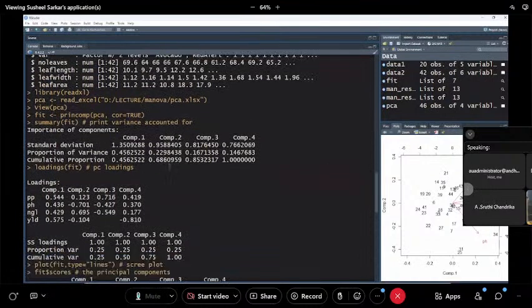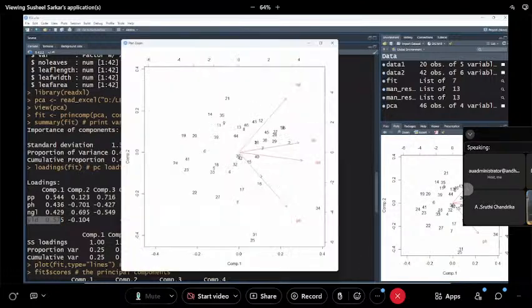If we see here in component 1, see the values of PP and YLD. These are the maximum. Here in the biplot also, you see the YLD is more close to X and PP is a bit further, if you have a line here from 0 to 0.